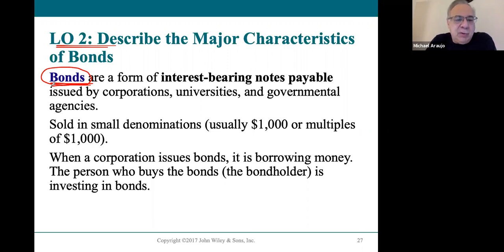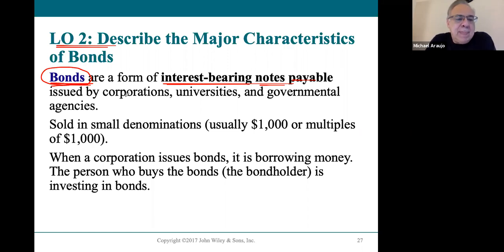The bonds are drawn up by investment banks and sold off in pieces. One bond is $1,000. These are interest-bearing notes payable. So again, it's a loan, so technically a bond is a note, and they promise a particular yearly interest on that money.